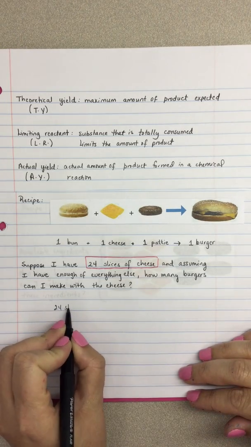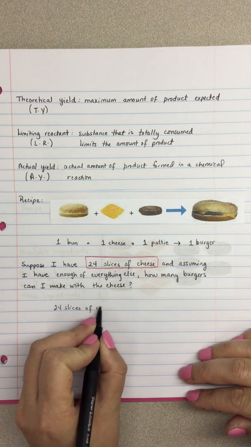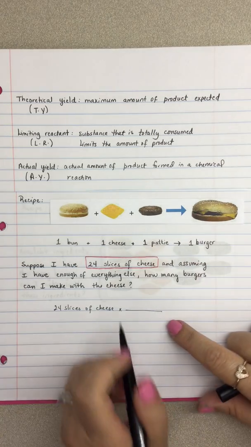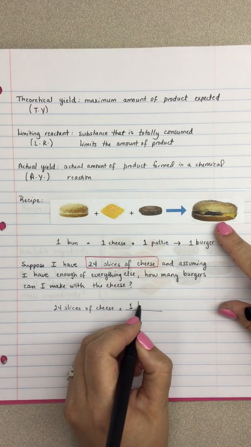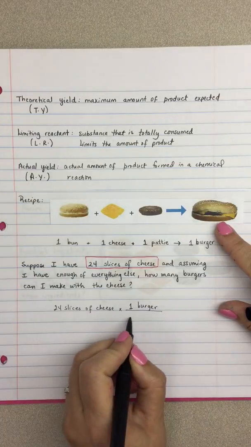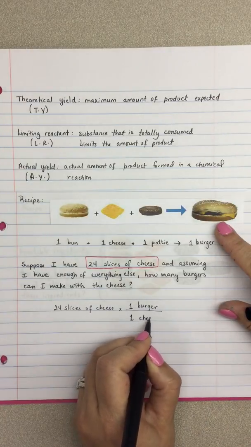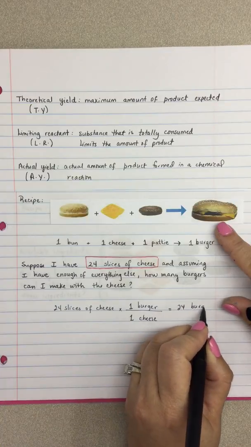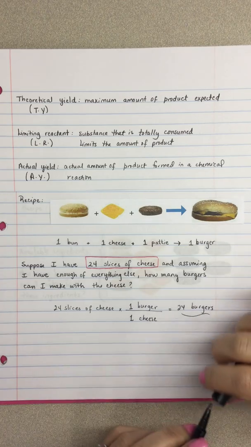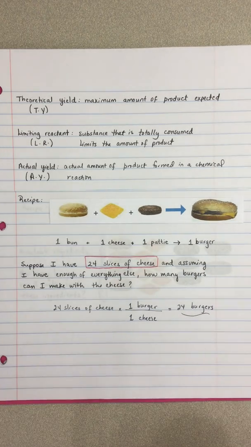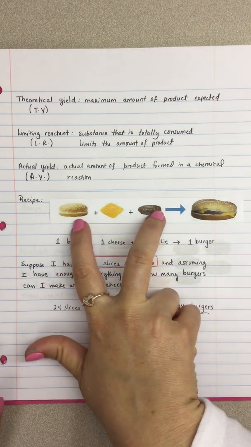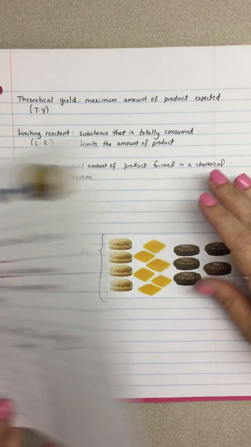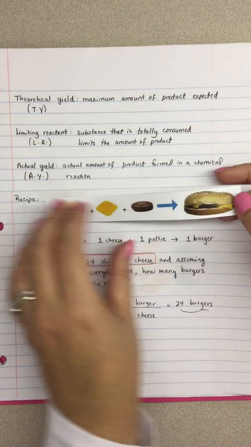So if I have 24, using my recipe here, for 1 burger, I need 1 cheese. That will give you 24. I'm sure you knew that already. Okay? So that's it. You have plenty of these two, and this one is limiting the amount of burgers that you can get.